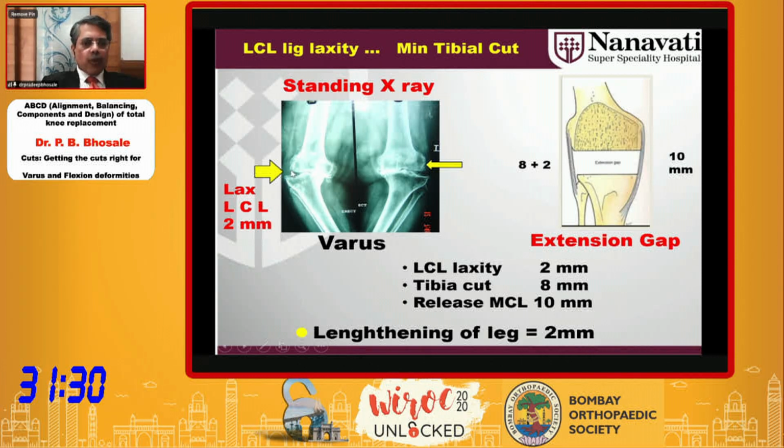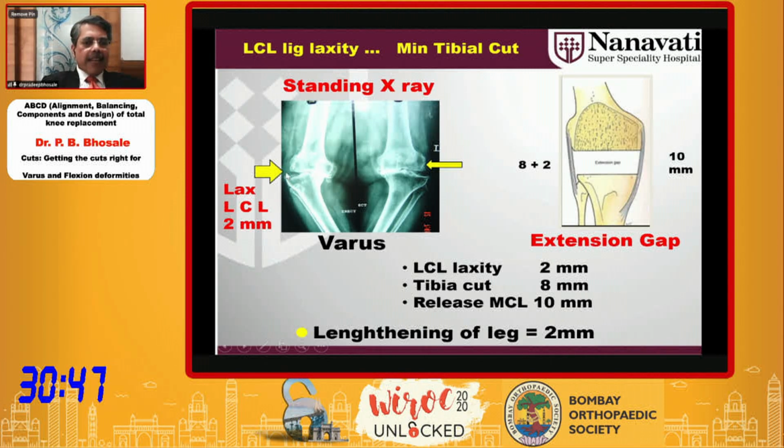Roughly, if I say it is 2 millimeters, and you are planning to put a 10 millimeter spacer, cut the tibia only 8 millimeters and compensate that 2 millimeters, and release the medial side only to 10 millimeters, so that both collaterals are 10 millimeters in length, because 8 millimeters of tibial cut plus 2 of laxity on the lateral side, and you release 10 millimeters on the medial side. If you cut 10 millimeters, you have to add 10 plus 2, so you have to medially release 12 millimeters. So this is a very simple and standard thing.